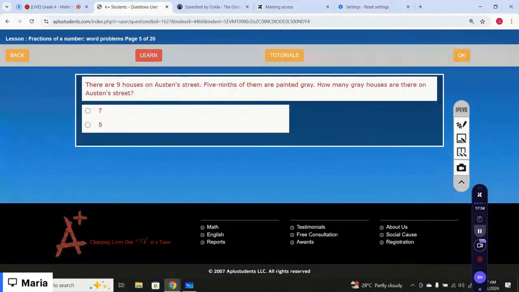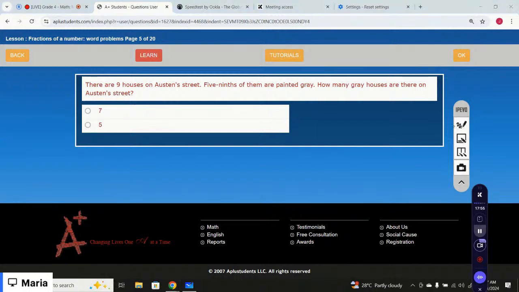There are 9 houses on Austin's street. 5/9 of them are painted gray. How many gray houses are there on Austin's street? 5/9, right?